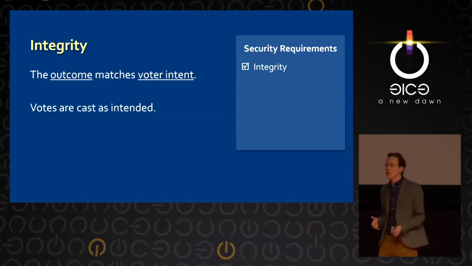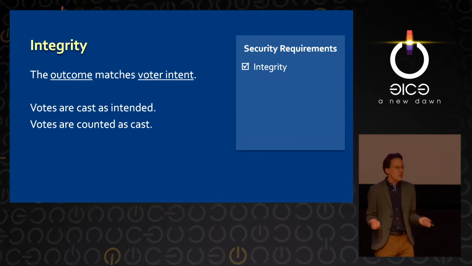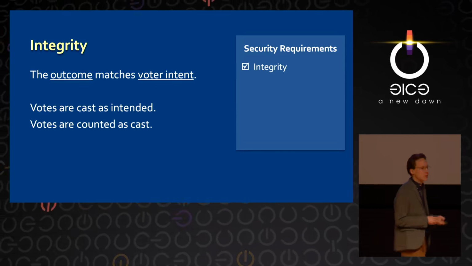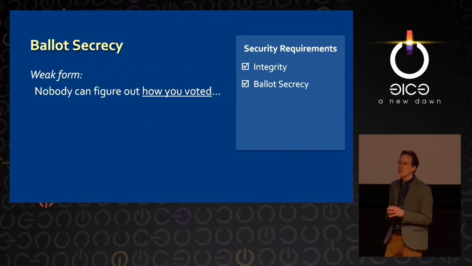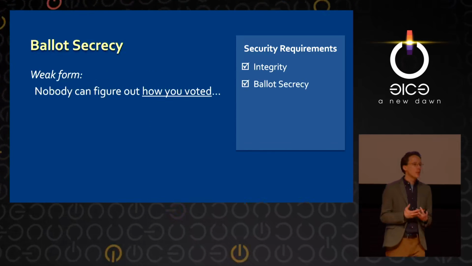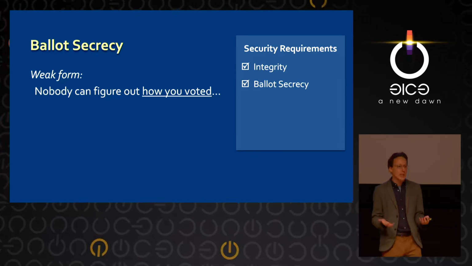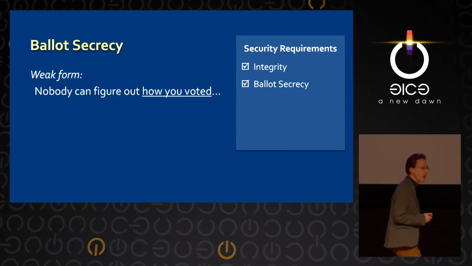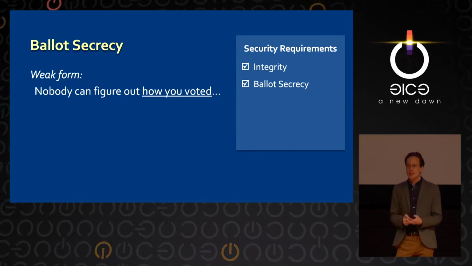This means, of course, that votes have to be cast as voters intended, and that the election result has to be counted as the votes are cast. But the second requirement, and the reason that this is more complicated than other problems that we more routinely solve, things like banking online and making purchases in electronic commerce, is we also have this requirement for ballot secrecy. Right?